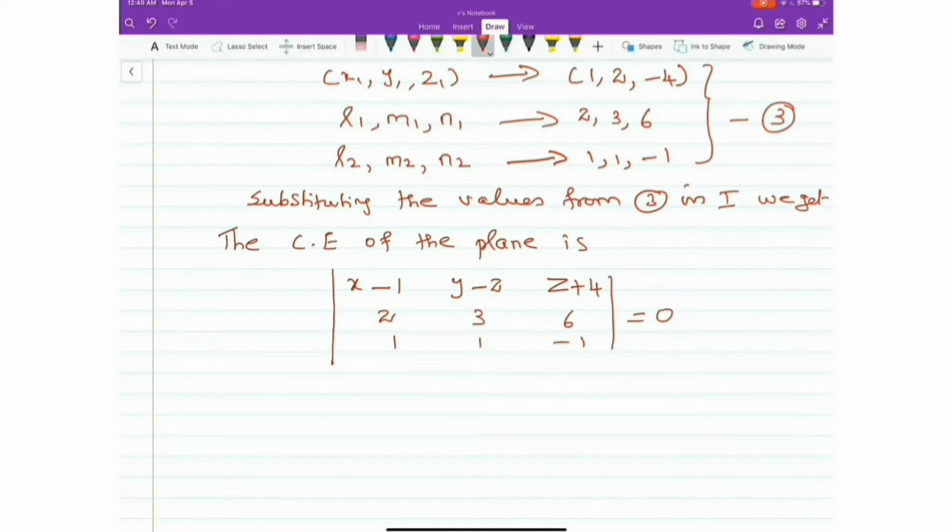I can expand or evaluate this determinant using the first row.